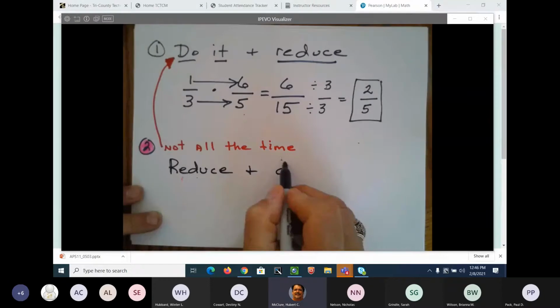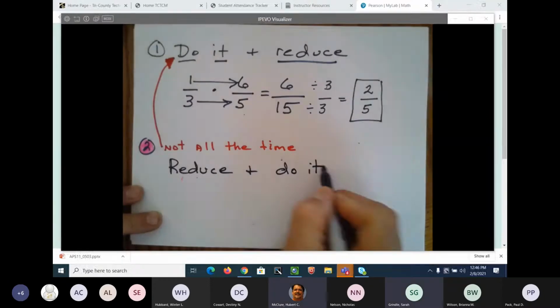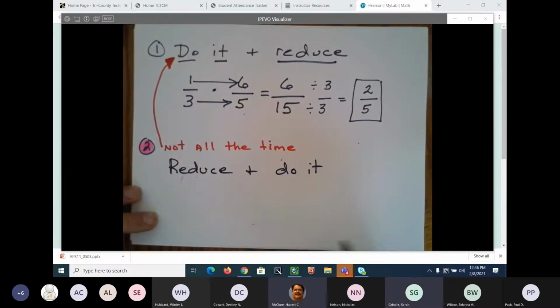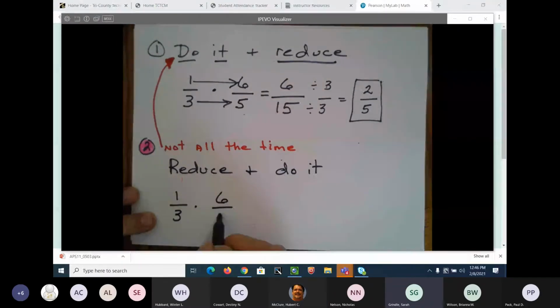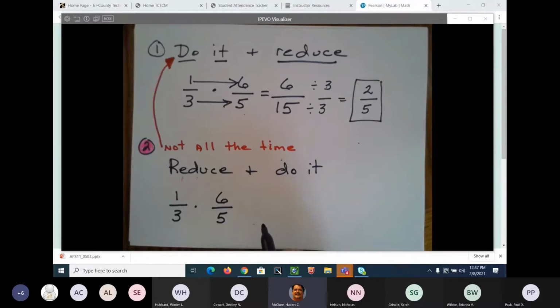This one is reduce and do it. Let's just do the same problem. Somebody say something? Yes, sir. Shouldn't you just do it the first way then, and just forsake the second way? That's called keeping it simple, yes. But some people like to use the second way, and the second way does help with algebra.